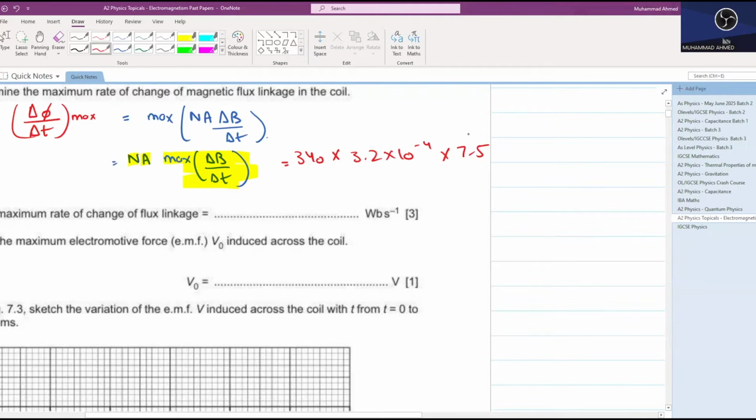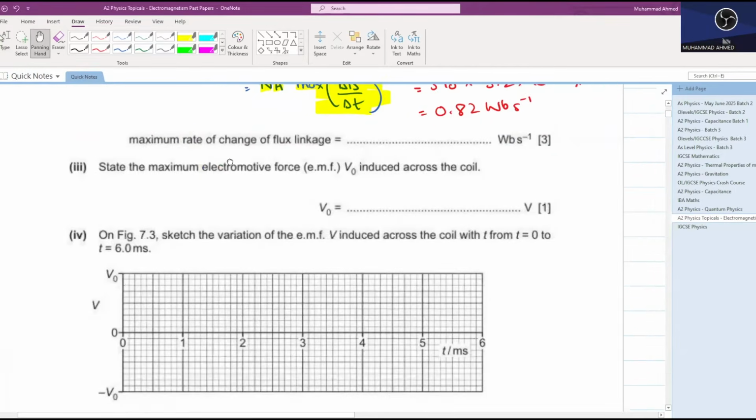Calculate the answer: 340 into 7.5 into 3.2 into 10 raised to the power of minus 4. This comes out to be 0.82 Webers per second. Okay, let's further move ahead.